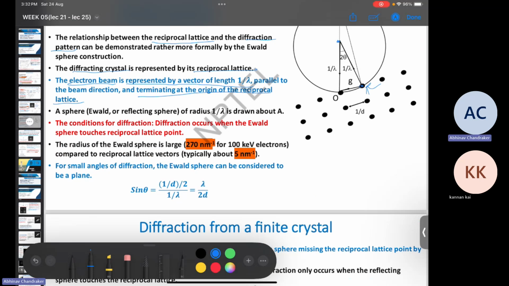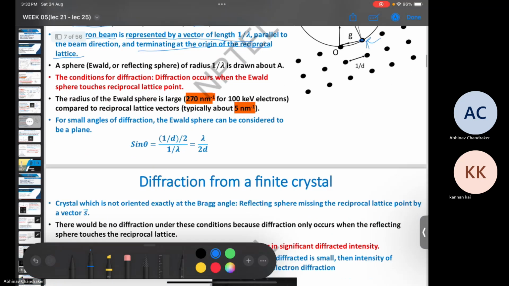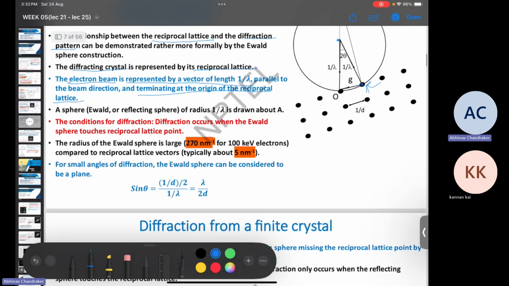This plane will diffract the electron beam, and you can also put this as being a condition for diffraction to occur.